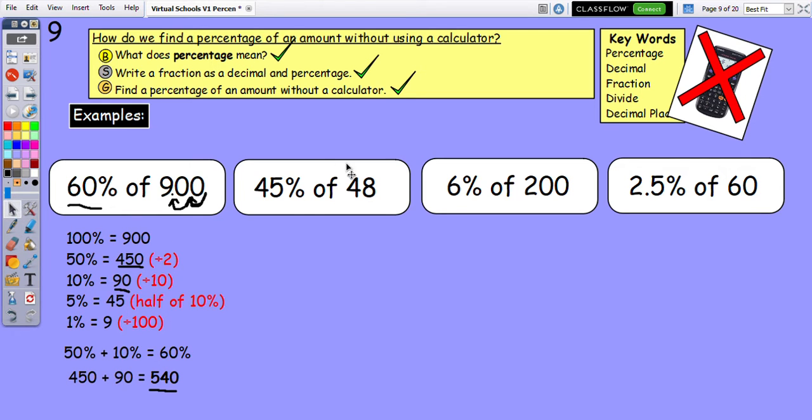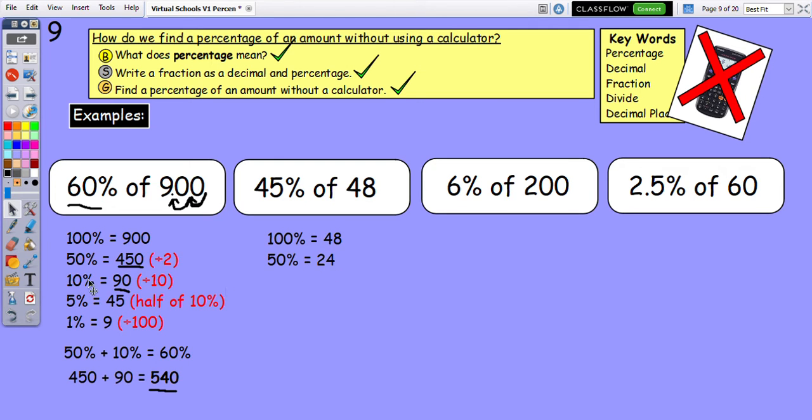Okay, now let's go through this question here. This question is a little more difficult in that I'm finding 45% of 48. Okay, so 48 is a bit smaller than 900, so I've got to put my thinking cap on. Right, 100% of 48 is 48. Okay, 50% is 24. Half of 48 is 24.